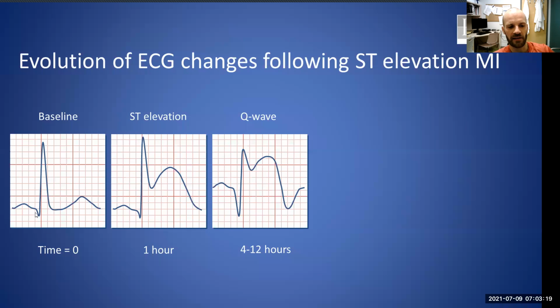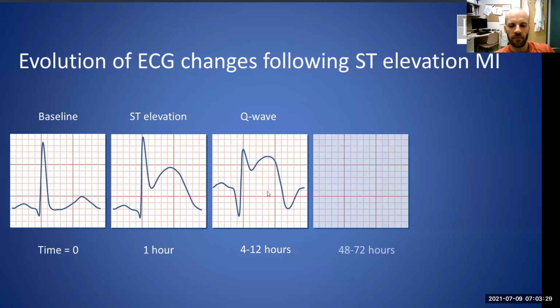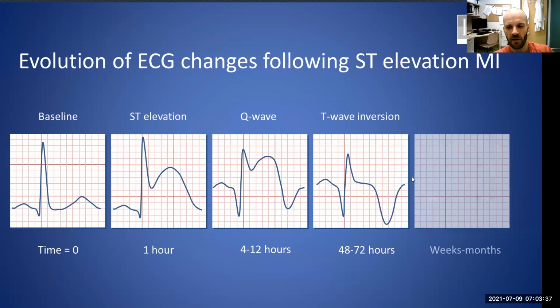Unlike these tiny, insignificant ones, pathological Q waves are more than 25% the height of the subsequent R wave. From then on, we get progressive evolution of the T waves, so T wave inversion, which eventually, weeks to months later, normalizes, leaving a Q wave behind.